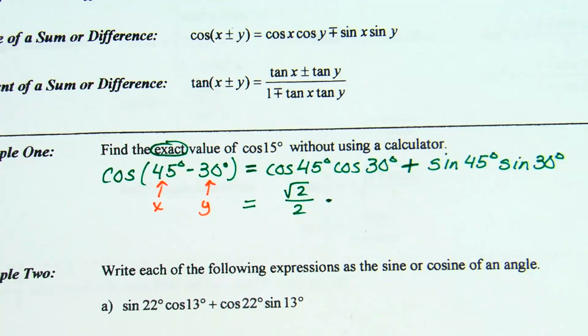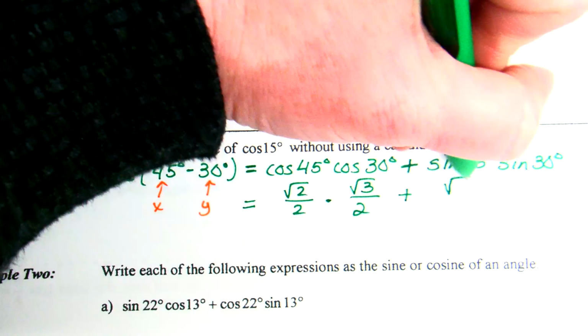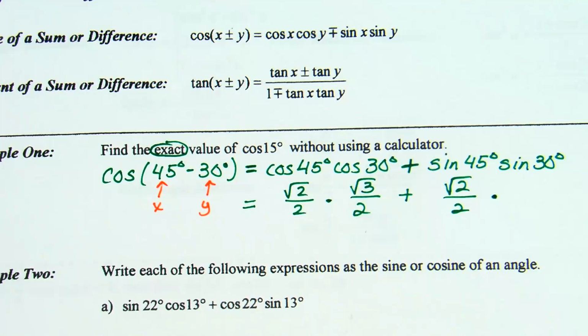What is the cosine of 30 degrees according to our chart? Square root of 3 over 2. Plus, okay, what's sine of 45 according to our chart? Square root of 2 over 2.